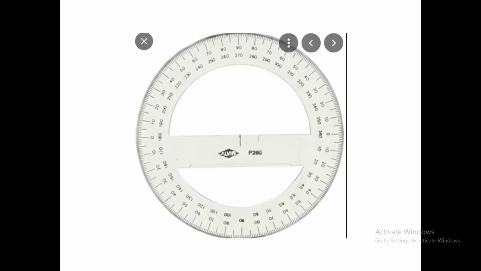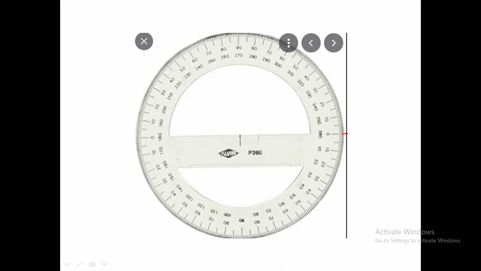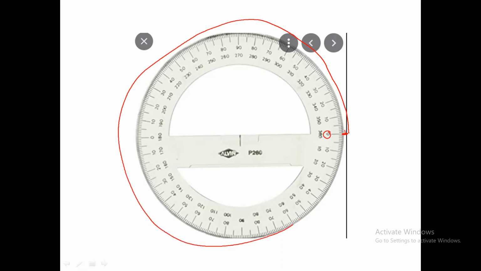Now it got pasted. See, the revolution is starting from here. In this diagram, the revolution is starting at 0, and I am making one complete revolution from here to here.